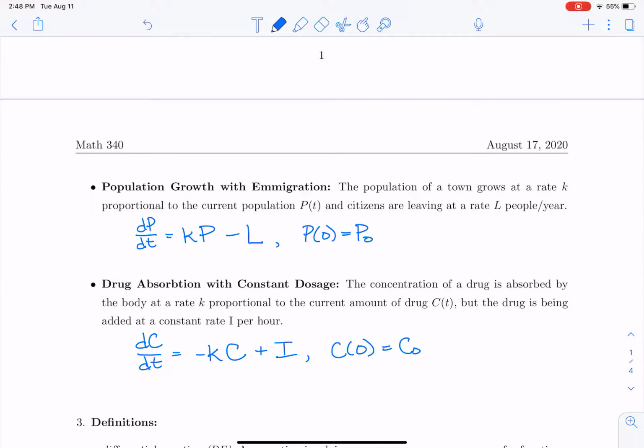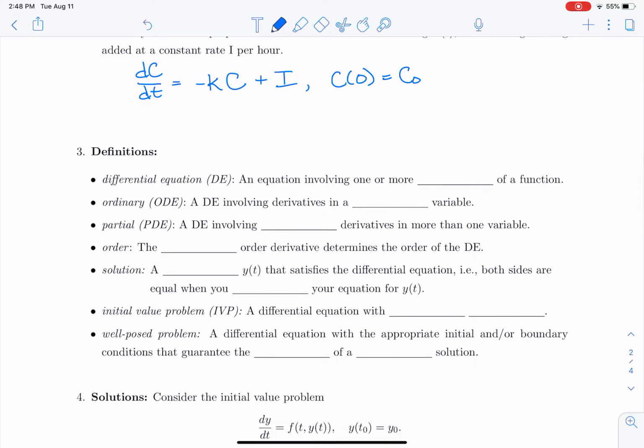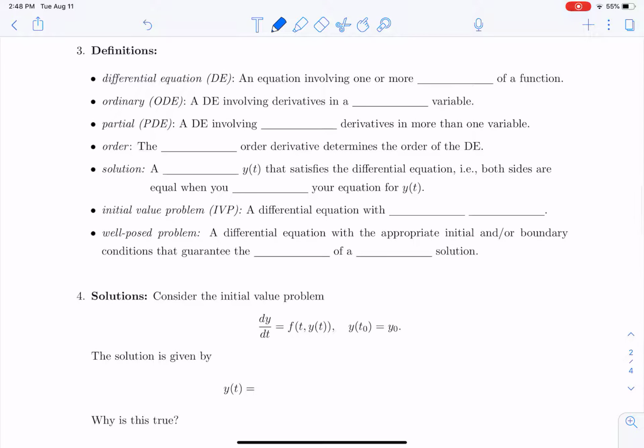So now that we've put together a bunch of differential equations, let's look at some terminology for differential equations. What is a differential equation, or a DE for short? It's an equation involving one or more derivatives of a function.